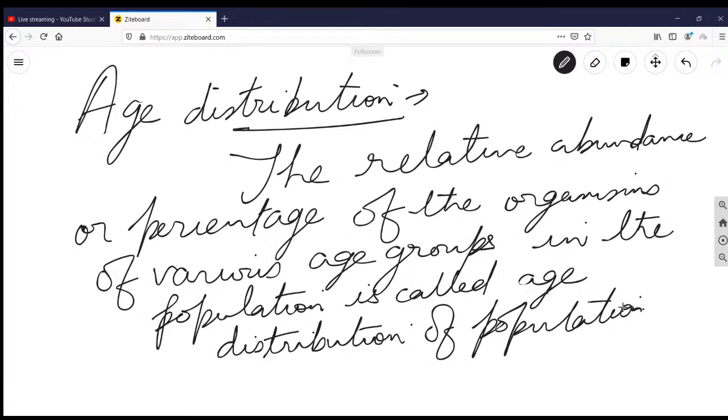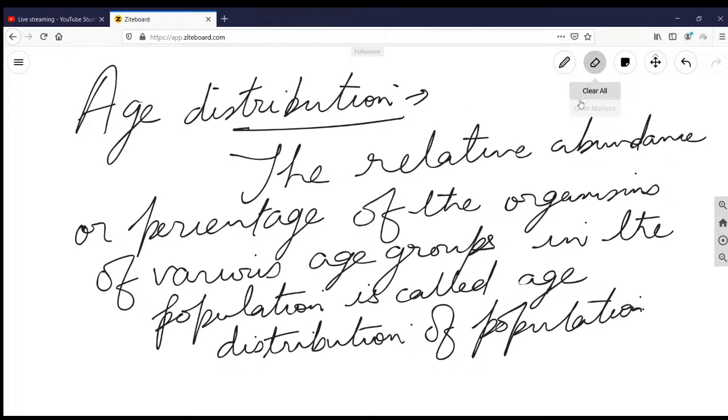In a population there will be three age groups, the percentage of organisms of various age groups. Suppose you have individuals of the same species aged 30, 40, 60; they will be divided into various age groups, forming the percentage of that specific age group in the population. So ecologists have divided any population into three age groups.